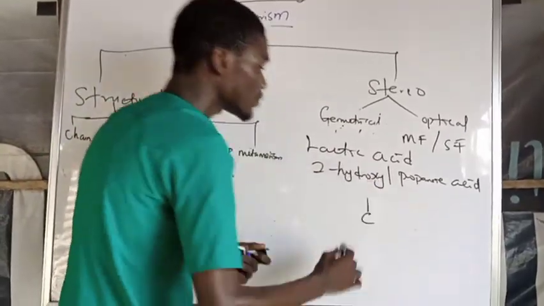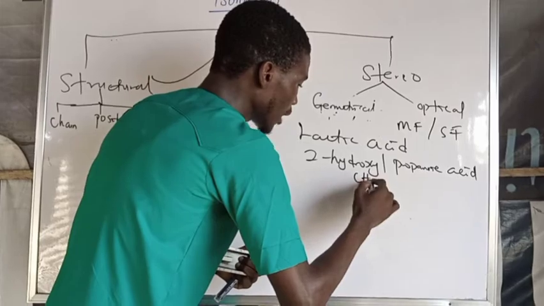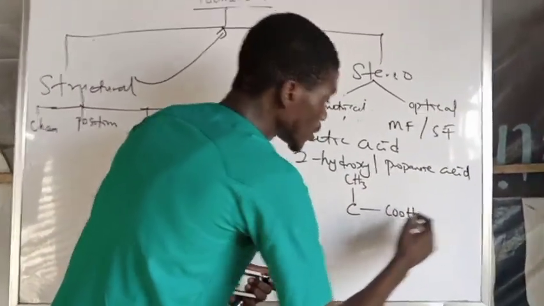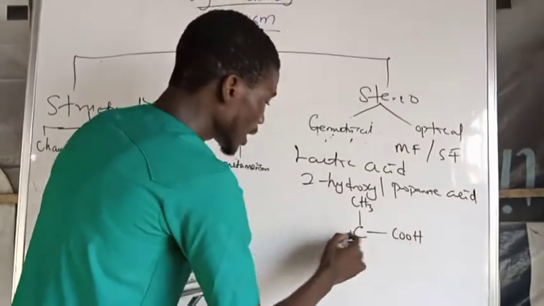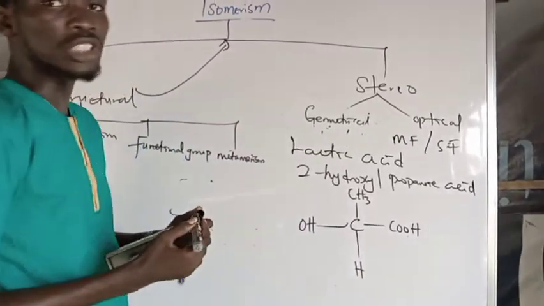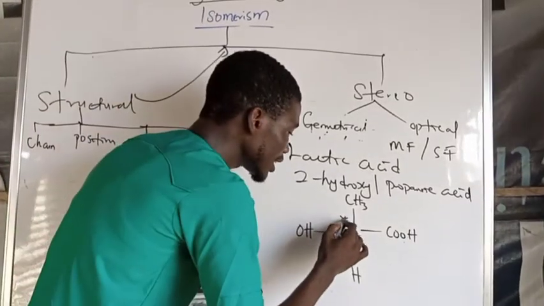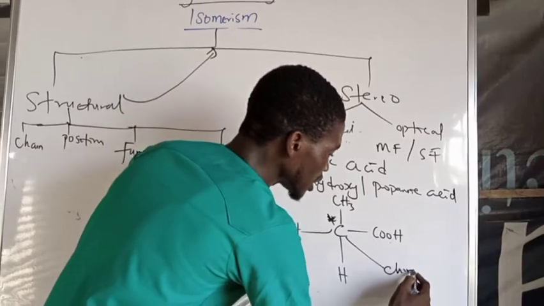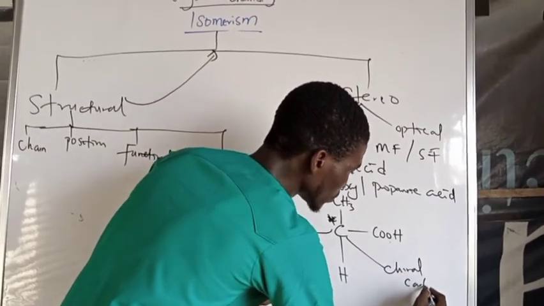So if I have CH3 here, I have my alkanoic group here, I have my hydroxy here, I also have my hydrogen atom here. This place here I mark because this is called a chiral carbon.